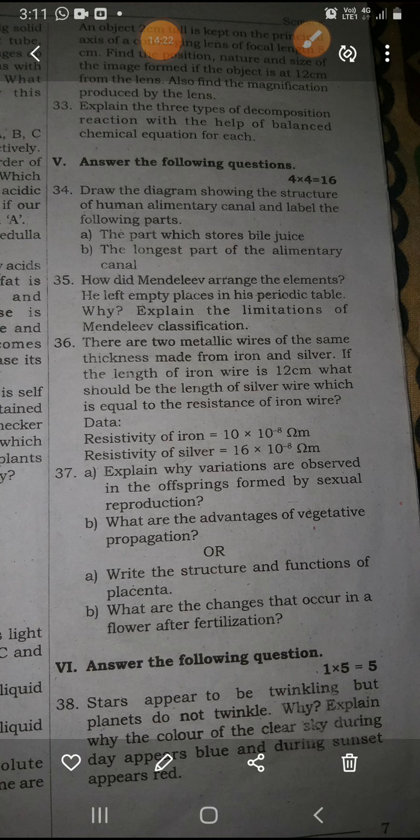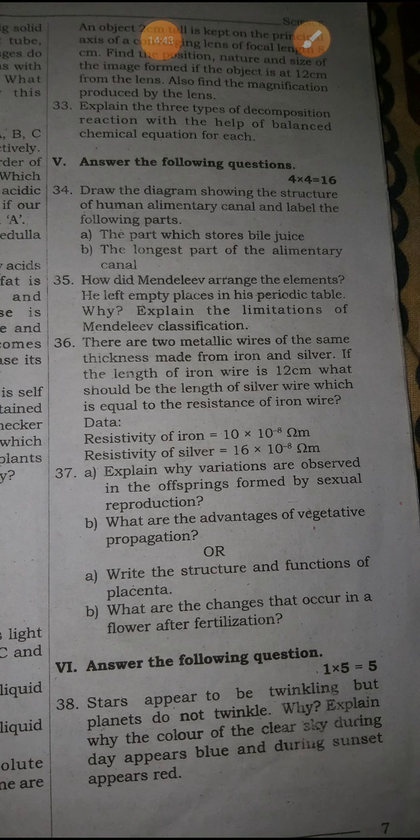This is a theoretical part question. I will read it once again; kindly write down very neatly. The 35th answer: Mendeleev arranged the elements based on Mendeleev's periodic law. Make a para and write down: He arranged the elements in the increasing order of their atomic mass. Grouped the elements with similar properties in one group.